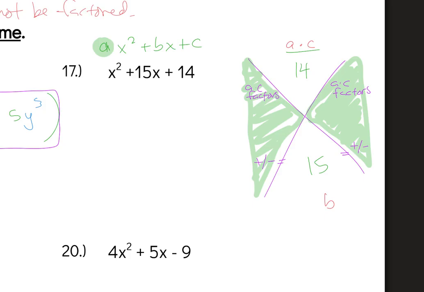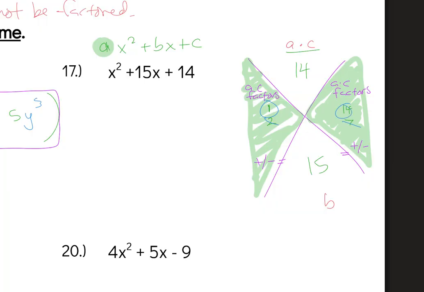The factors of 15 are 1 and 15. 1 and 14. Will that ever give us 15? Actually, it very well could, but let's keep going just in case. 2 and 7, will that ever give us 15? No, I'm pretty sure that will never give us 15. But if I had 1 plus 14, that would be 15. So guess what?